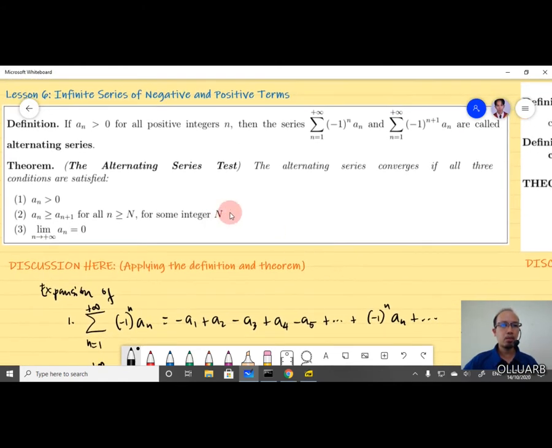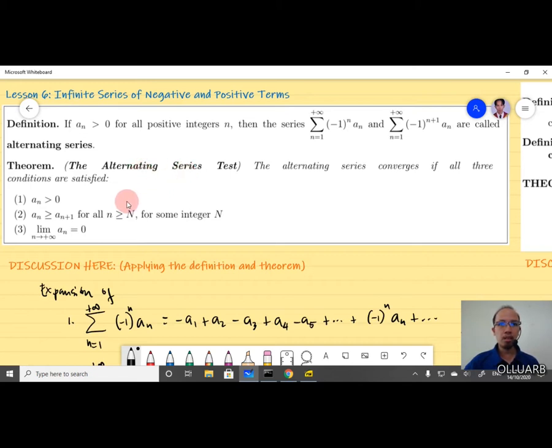For our first theorem, as I said in the introduction, the alternating series test will show you if the given alternating series is convergent or not.